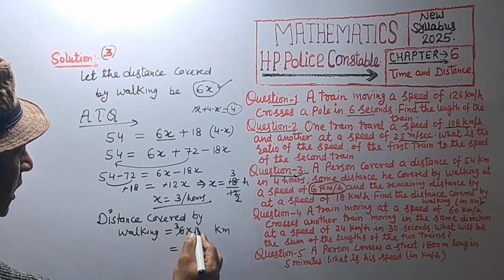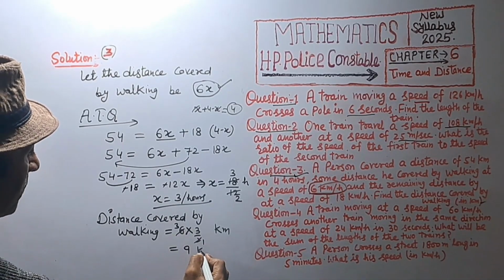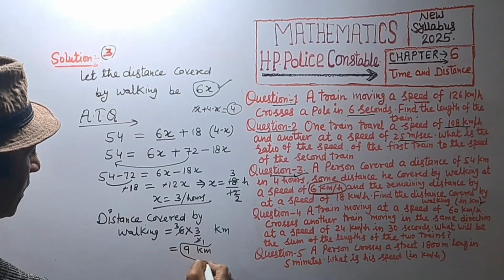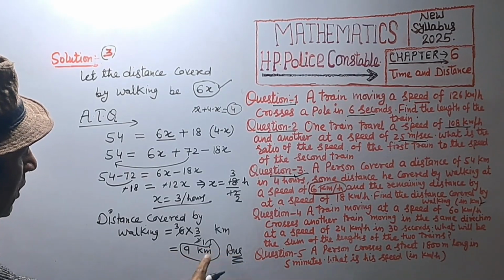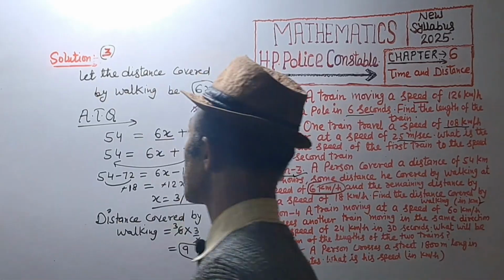That is equal to 3 into 3 is 9 kilometer. Answer.